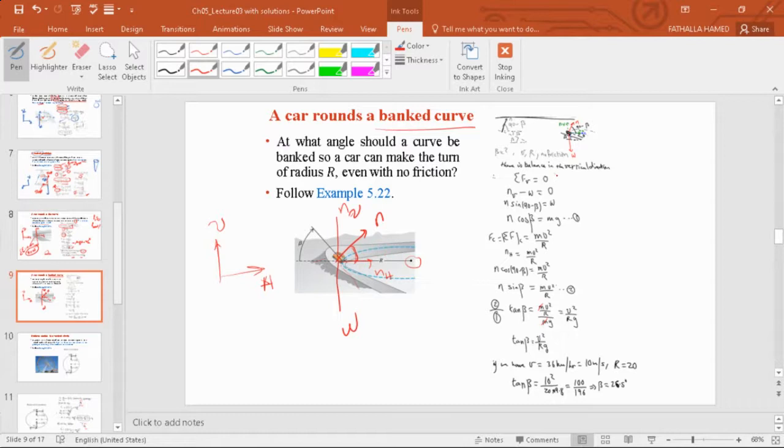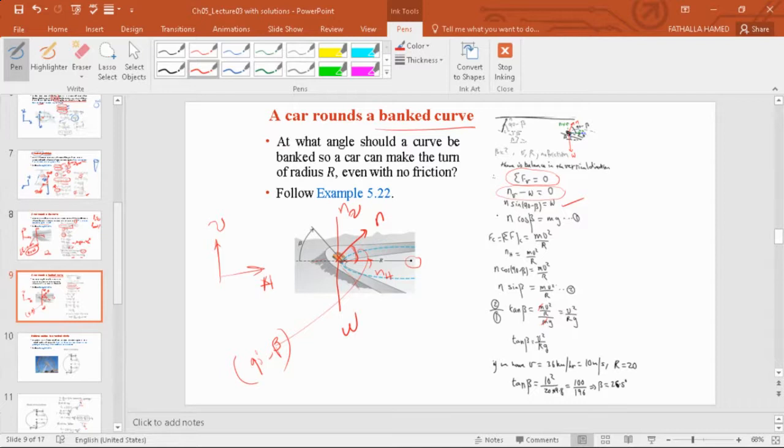So if I look along the vertical, the car is not moving vertically, so the net force is equal to 0. So the vertical component of the normal force minus the weight should equal 0. Because the angle here will be 90 minus beta, the vertical component will be n sine 90 minus beta minus W equals 0.